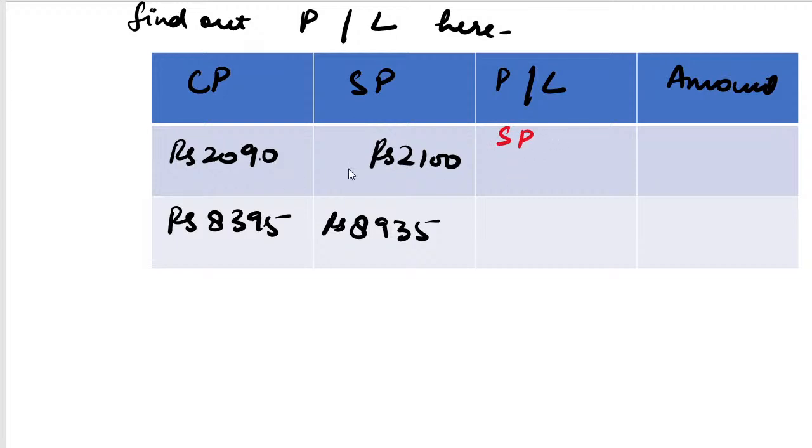In this case selling price is more than CP, so we have profit. So how to find out the profit?